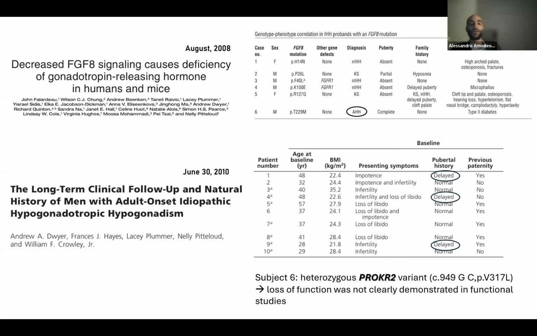But according to the authors, this history of delayed puberty could suggest a sort of pre-existing underlying gonadotropin releasing hormone defect, which can serve as a sort of genetic contribution to the etiology of an adult onset hypogonadotropic hypogonadism years later.